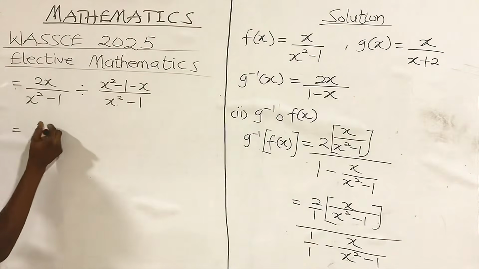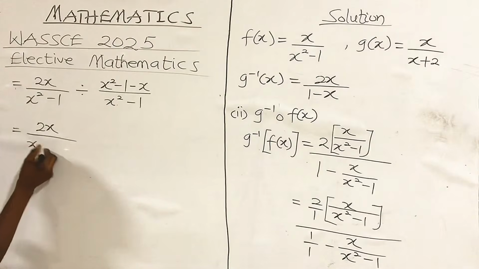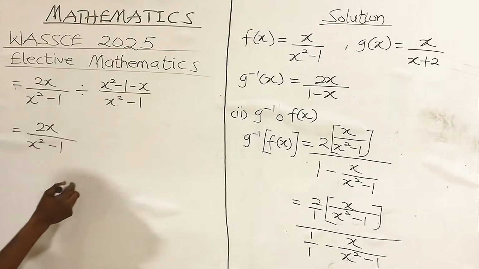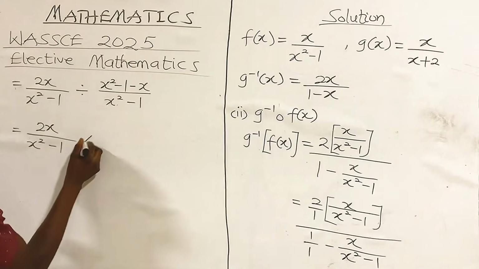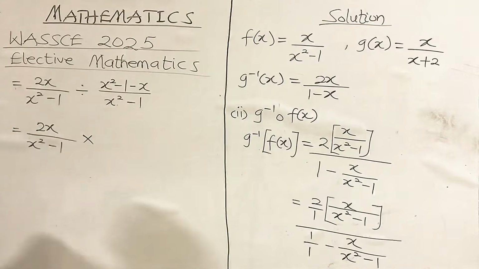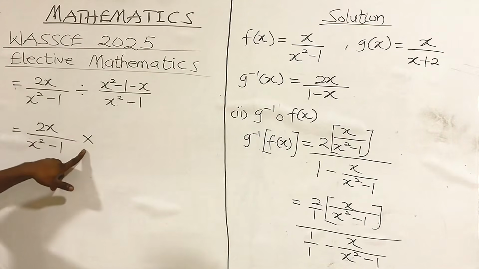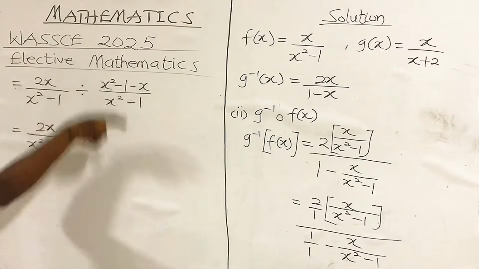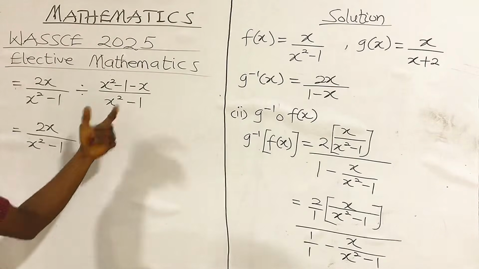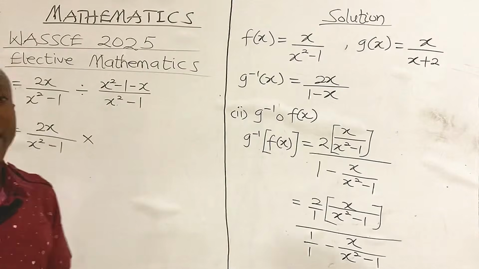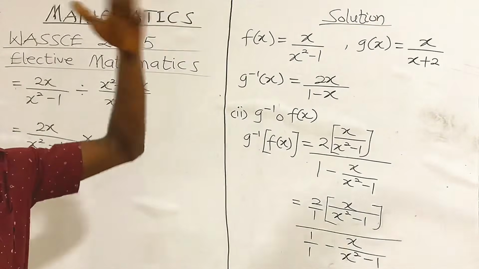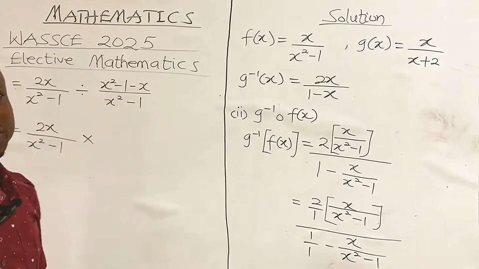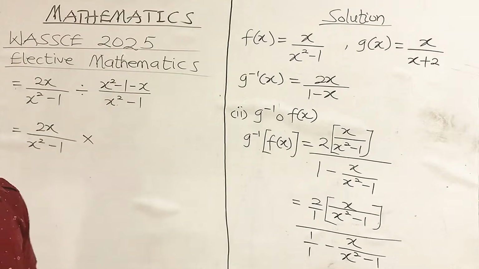So now we have 2x over x squared minus 1 times, when I change the division to multiplication, then there is a need to reciprocate the fraction we have here. So the x squared minus 1 we have at the denominator will move up. Then what we have from the numerator will also come down.